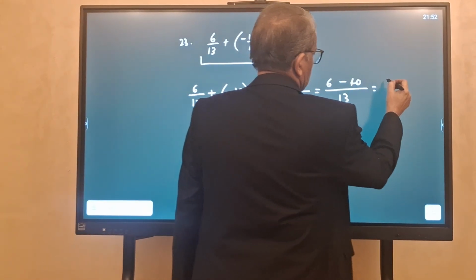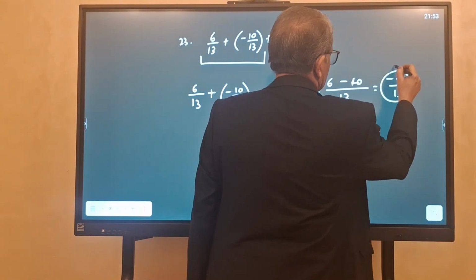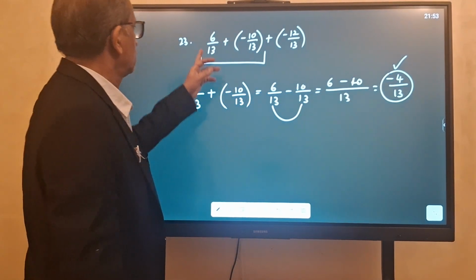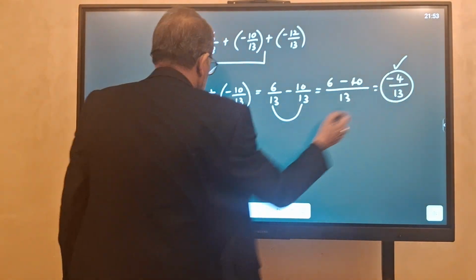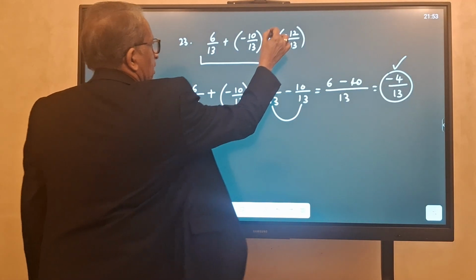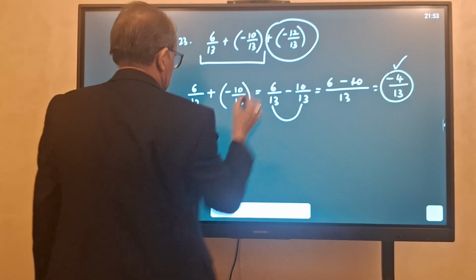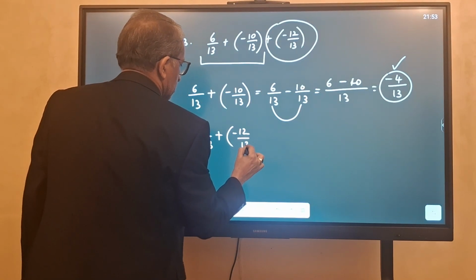That is 6 minus 10, minus 4 by 13. So this is the addition of the first two fractions. Now I will take this minus 4 by 13. Then I will take this number, that is plus minus 12 by 13.